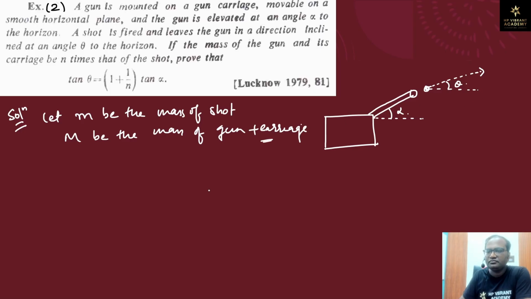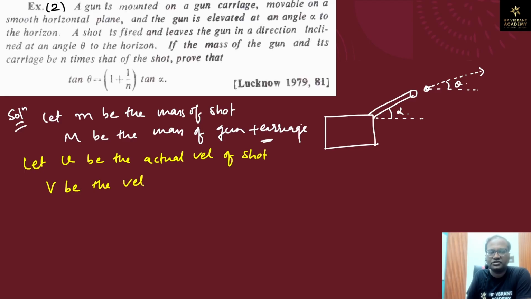This is the direction of the actual velocity, which is inclined at an angle of theta to the horizontal. So let small v be the actual velocity of shot, and capital V be the velocity with which the gun recoils.